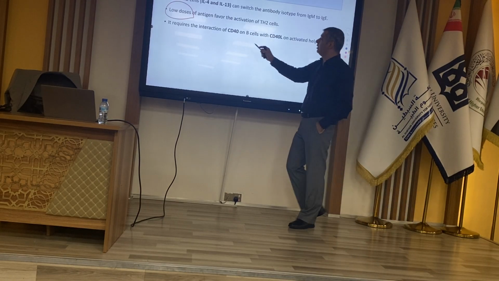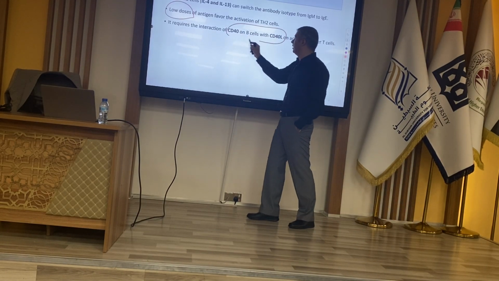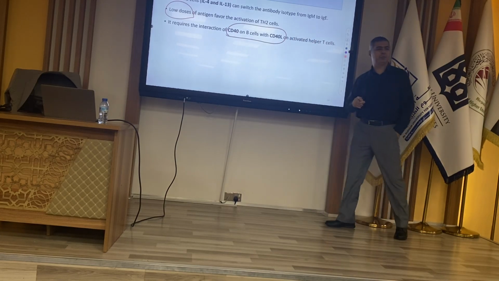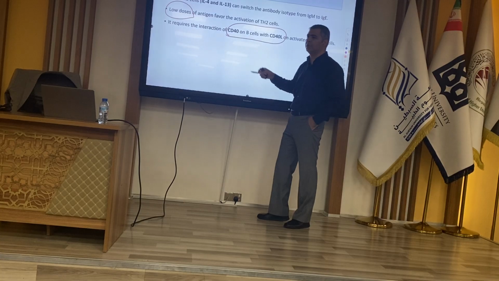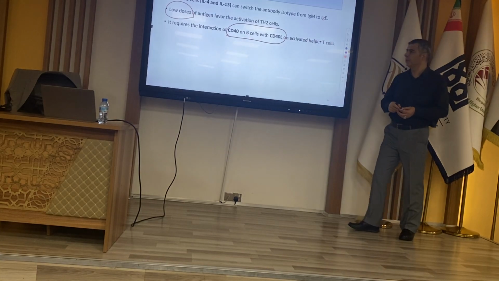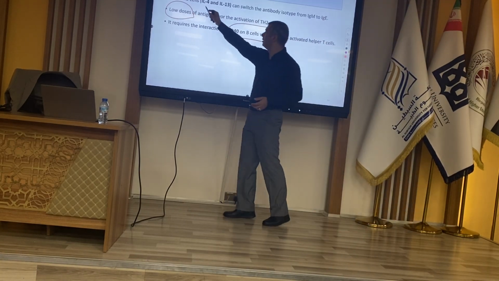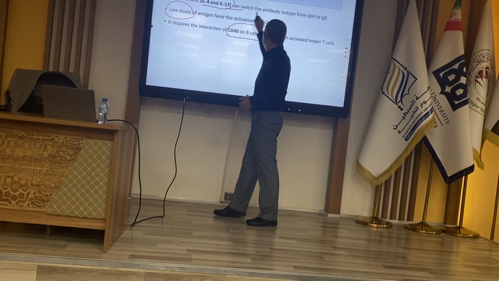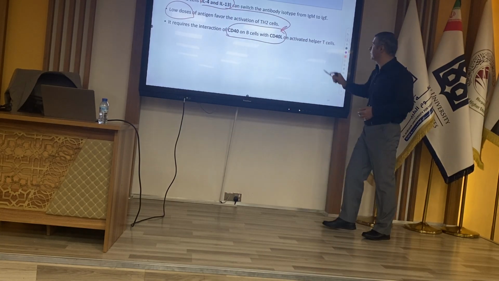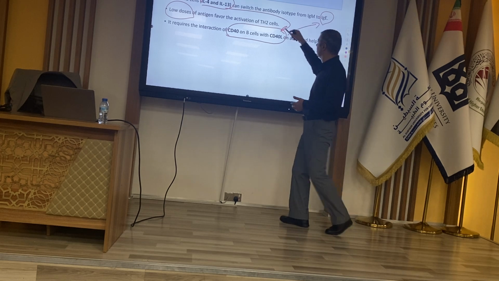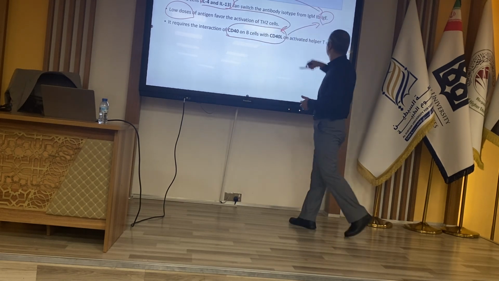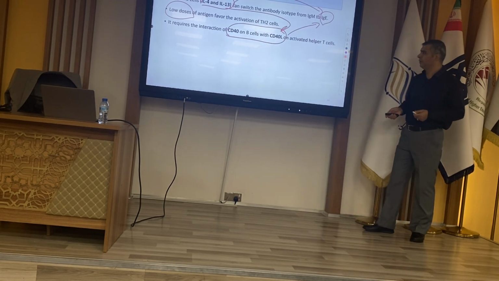It requires binding of CD40 and CD40 ligand between B cells and TH2. Without binding of CD40 ligand to CD40, we won't have class switching. So we need the cytokines produced by TH2, and both of these two signals are required for IgE class switching.